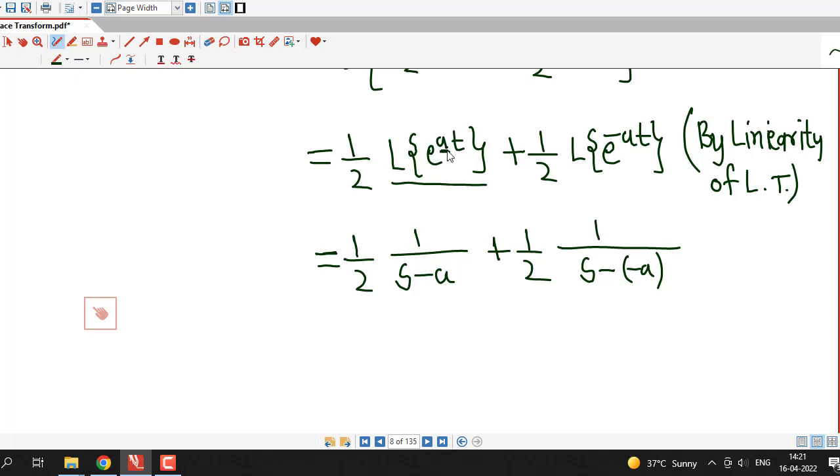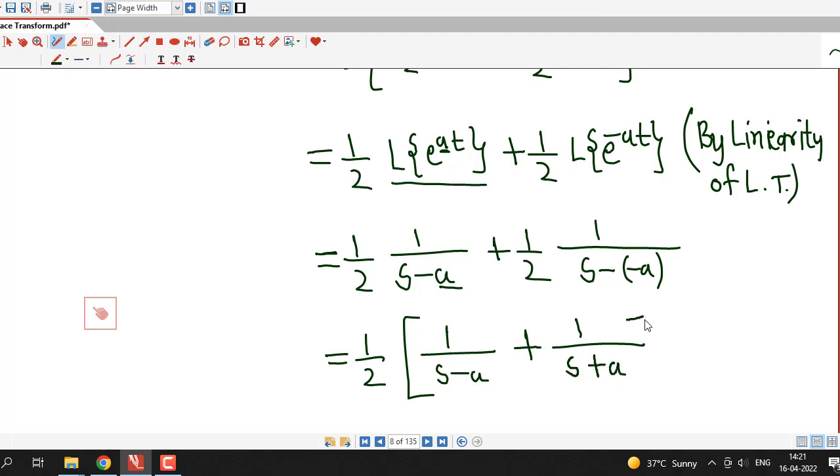Here coefficient of t is a, here coefficient of t is minus a, and we can take 1/2 common, and we are left inside the bracket with 1 by s minus a plus 1 divided by s plus a.